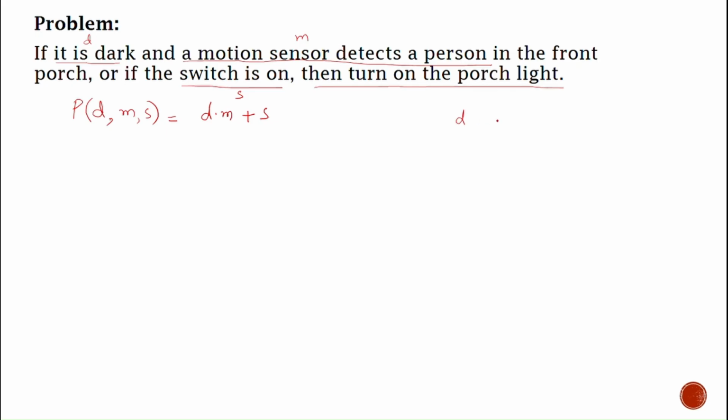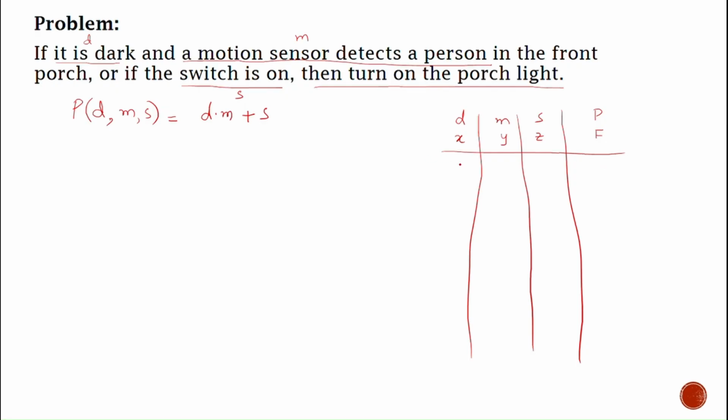And if we want to express it with the help of a truth table, then you can always construct the truth table with the help of three switches D, M and S. You can take any variables x, y, z instead of D, M and S, and this porch light P can be taken as F, and you can see that this Boolean function becomes 1 when either D and M are 1 simultaneously, or S is 1.